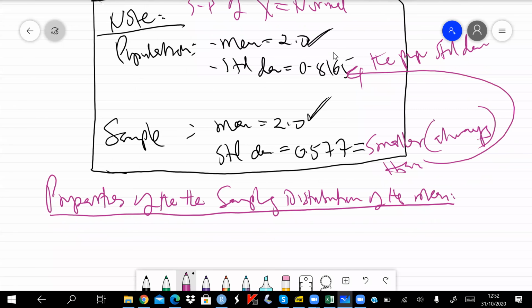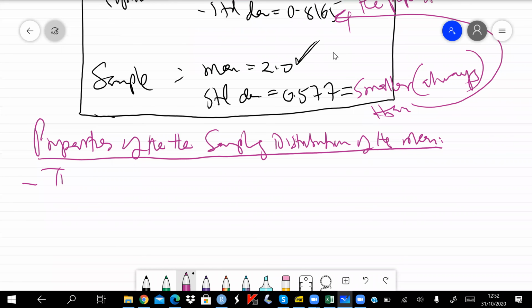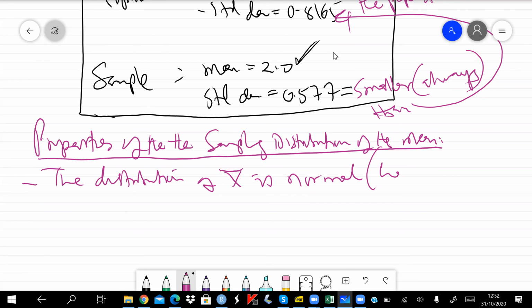Okay, so we said that the distribution of X bar is normal. We have seen that. In other words, X bar has a normal distribution with these two properties.